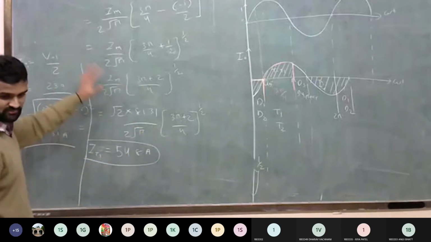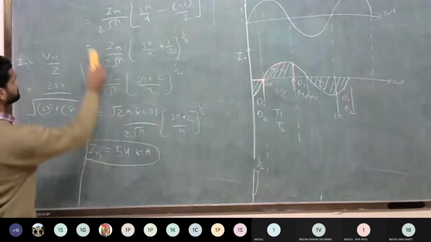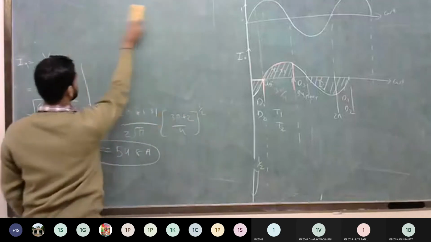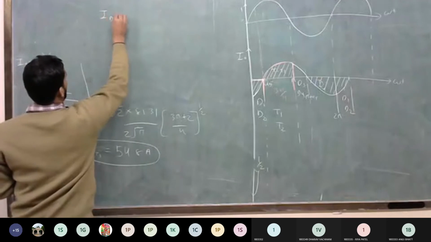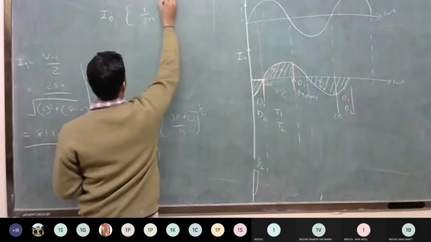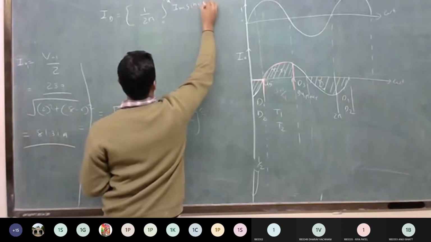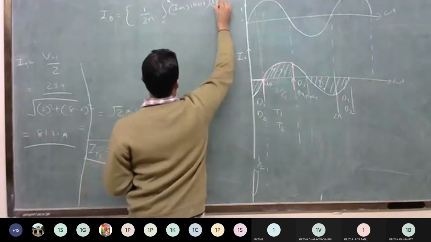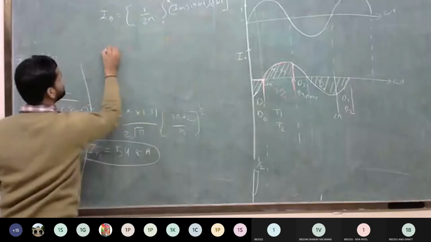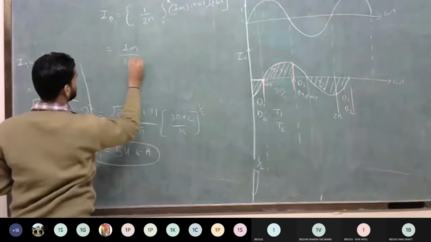This one is clear to all of you? So diode current is 1 by 2 pi, RMS value is integration 0 to pi by 2 of Im sin omega t whole square d omega t, raised to 1 by 2.